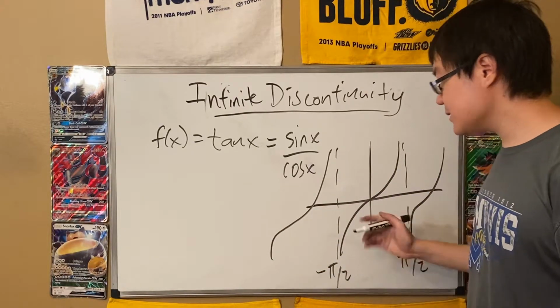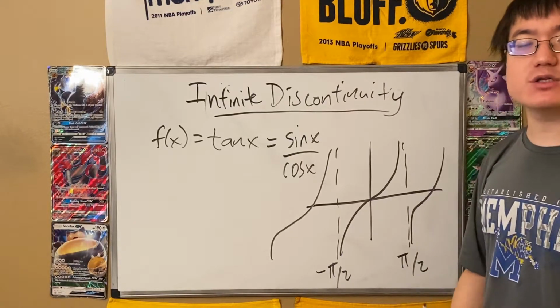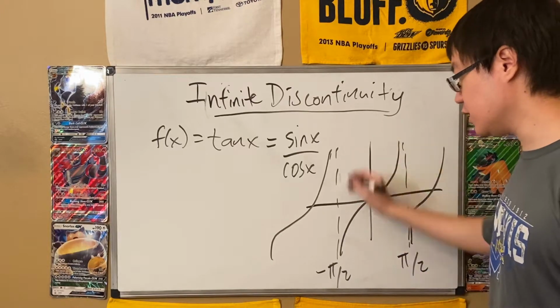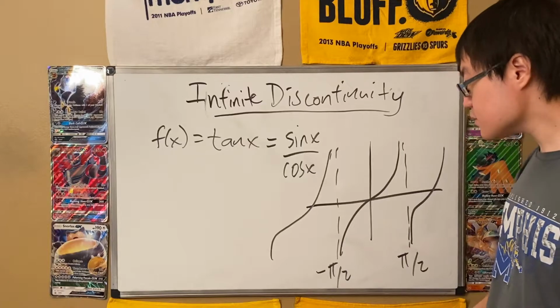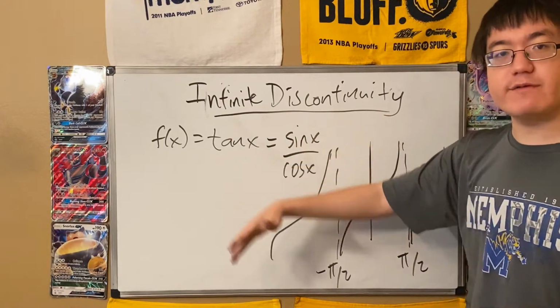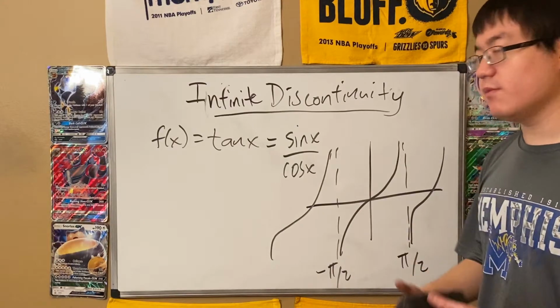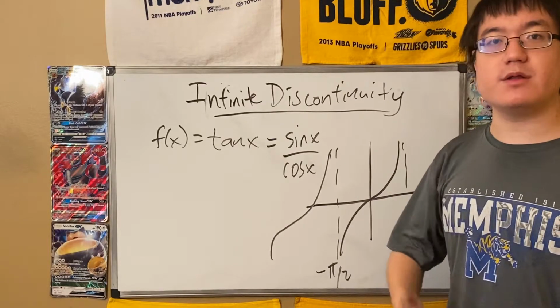Notice that as I draw this function, I have to lift up my pencil anytime I cross the vertical asymptotes. I draw this, I lift up my pencil to get to this function, I lift up my pencil to get to this function. So tangent of x is not continuous at negative pi over 2 and pi over 2 because you lift up your pencil. The function value is not going to be the limit value.